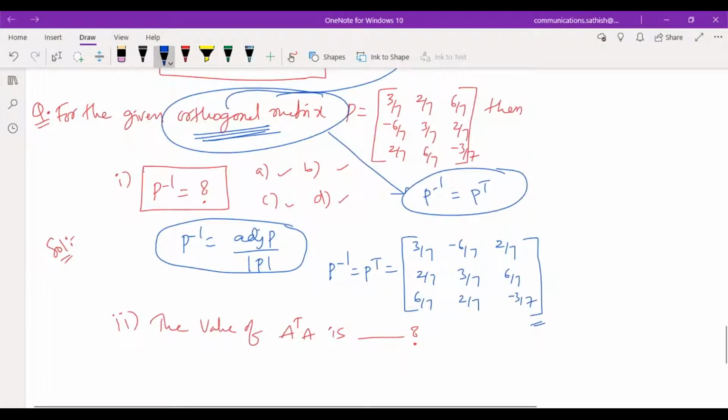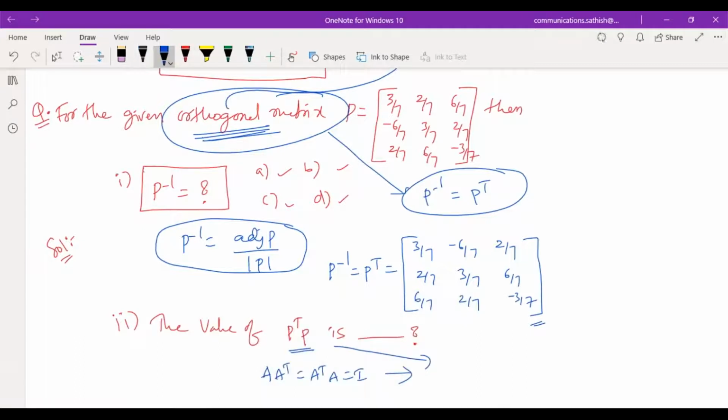For an orthogonal matrix, you know that A transpose A is equivalent to I. If you want more clarity, you can represent this as P transpose P. What is the answer for that?